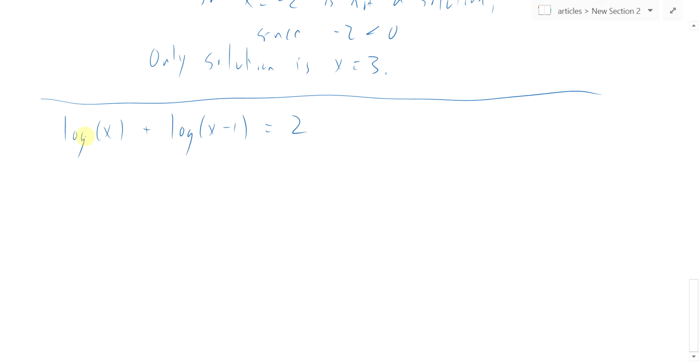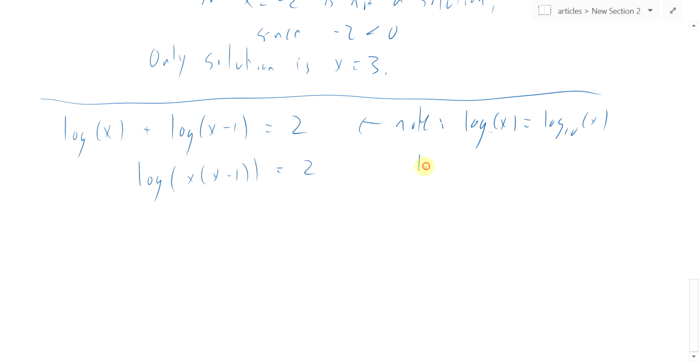2 is, right? We can bring this together as log of x times x minus 1, but that equals 2, but we need to have this as log of something. So let's note, if there's no subscript, that's base 10.